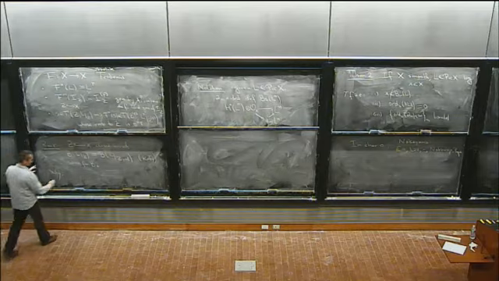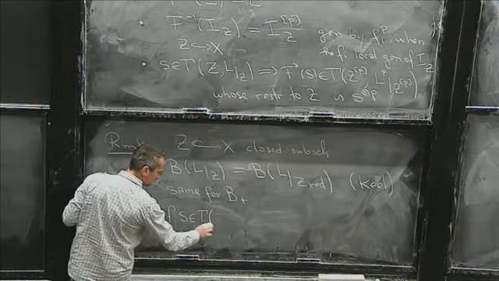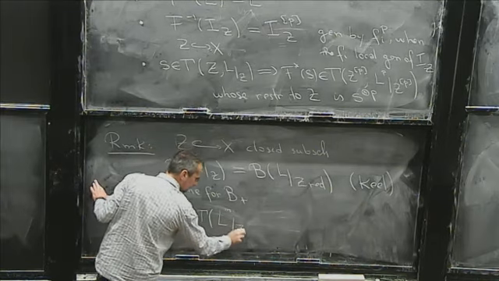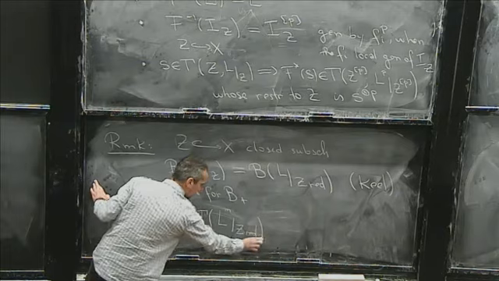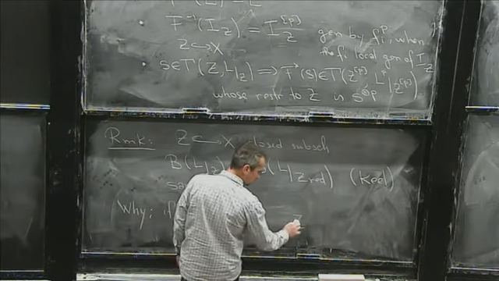So if S is, for example, a section of L to the M restricted to Z reduced, what you do is you look at Z reduced.